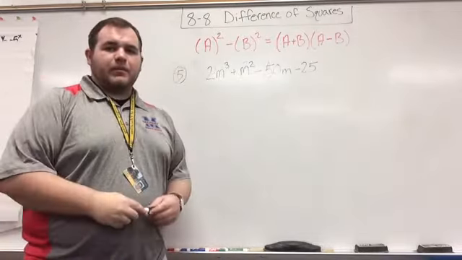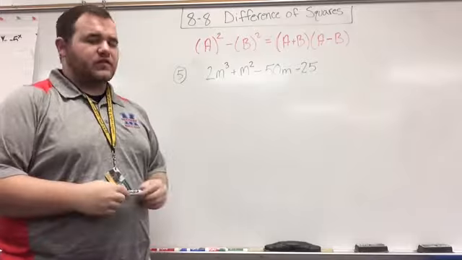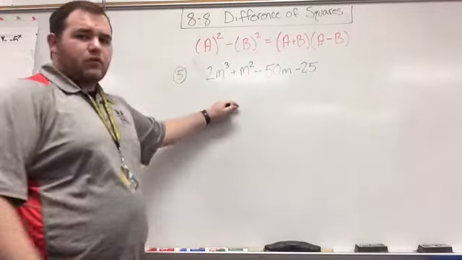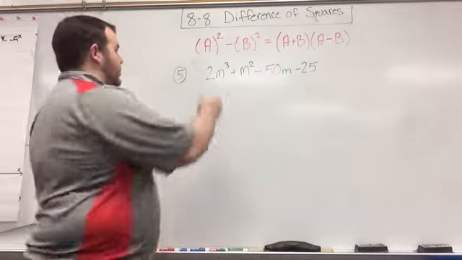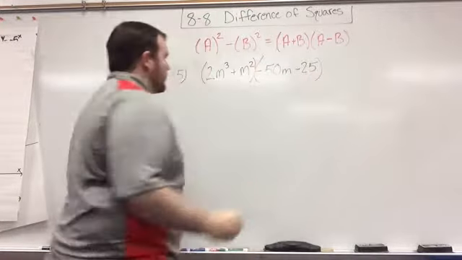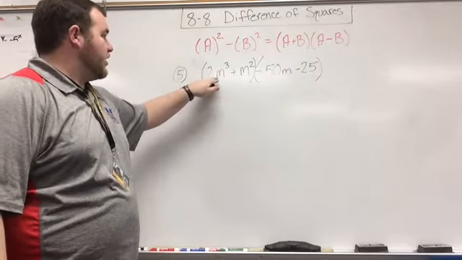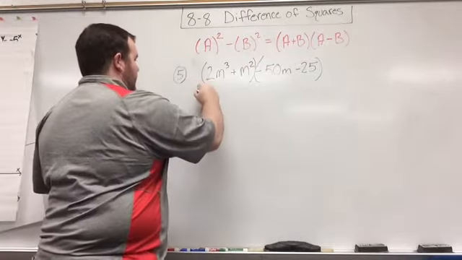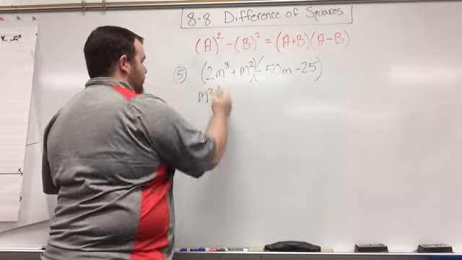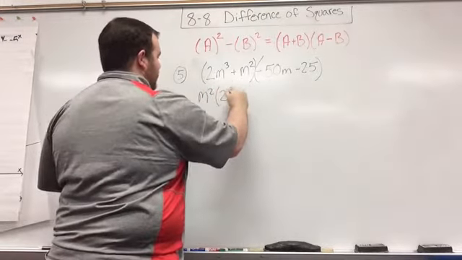Okay, this is the last example before y'all get started on the practice problems. This one's going to be a little bit more challenging, so stick with me. So the first thing we want to do is group it into two separate parts. And so then we can factor out an m squared. And so we get m squared times what will give us 2m cubed, we get 2m.